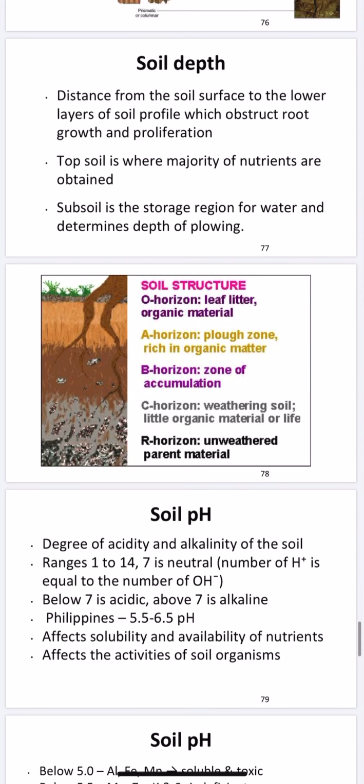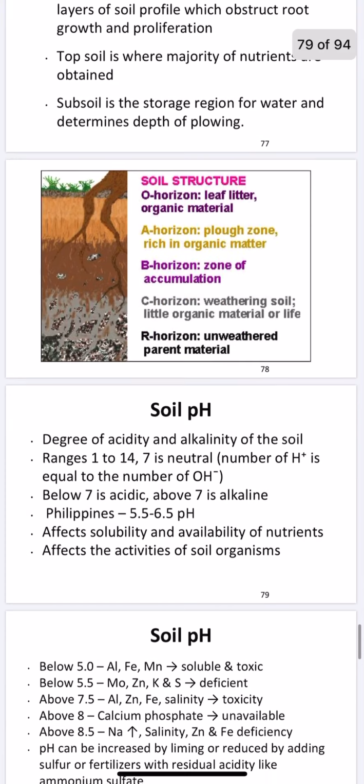So the soil depth as well is very important. It's the distance from the soil surface to the lower layers of the soil profile which obstruct root growth and proliferation. The topsoil is where the majority of nutrients are obtained, while the subsoil is the storage region for water and determines depth of plowing.